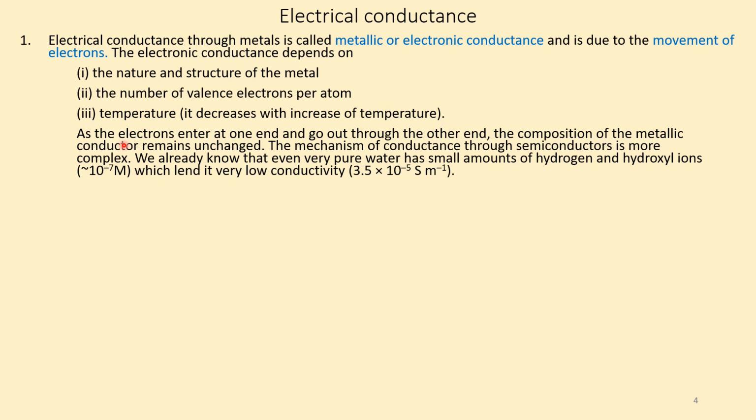Please note that as electrons enter one end and go through the other end, the composition of metallic conductors remains unchanged. That means there is no chemical reaction and the composition is unchanged in respect of metallic or electronic conductors.